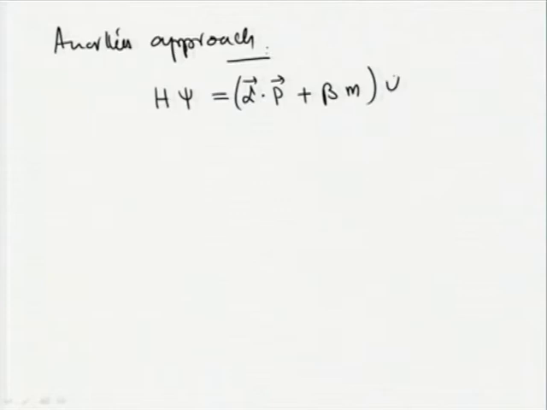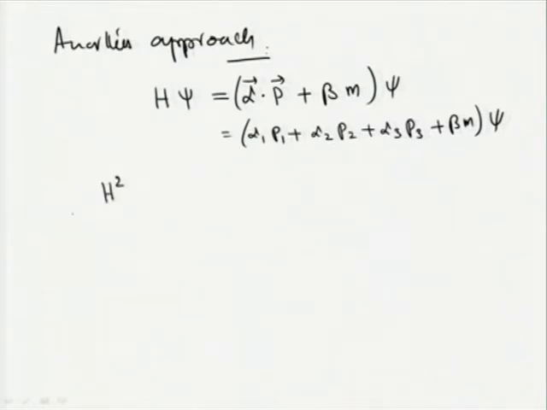The meaning is essentially alpha 1, some coefficient multiplying the first coordinate of momentum, p 1, plus another coefficient alpha 2 p 2 plus alpha 3 p 3 plus beta m, acting on psi. This is the actual meaning, but in a compact way we can write it as alpha vector dot p. Whether alpha is actually a vector or not, we will see later.